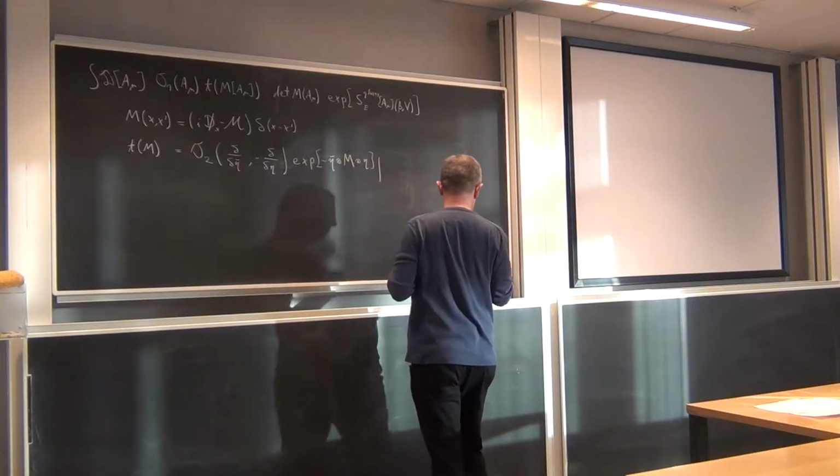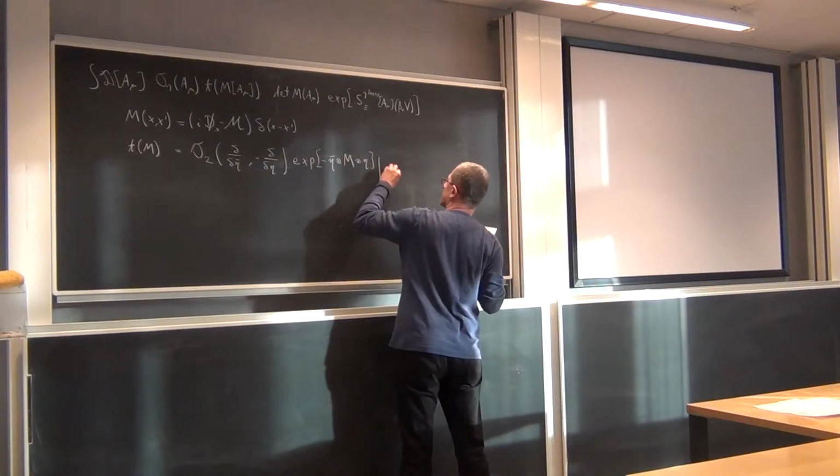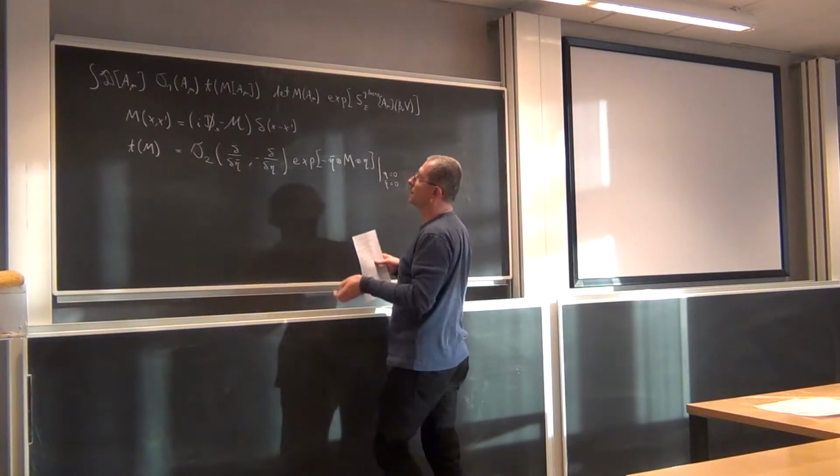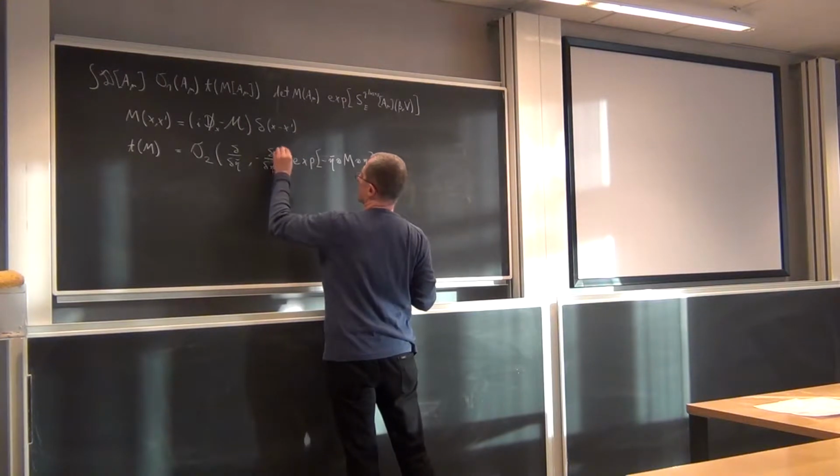And in the end one puts eta to 0, eta bar to 0 after one has performed these derivatives here.